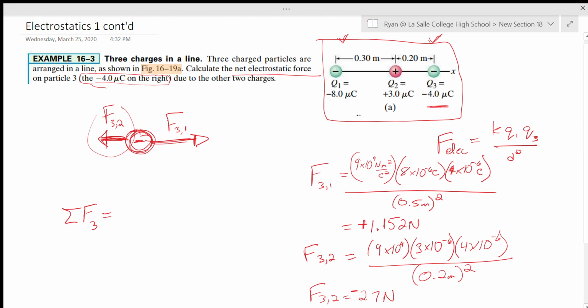So we're going to add those together. And we end up with a negative 1.1. Oh, no, it's not. Negative 1.548. That is the net force.